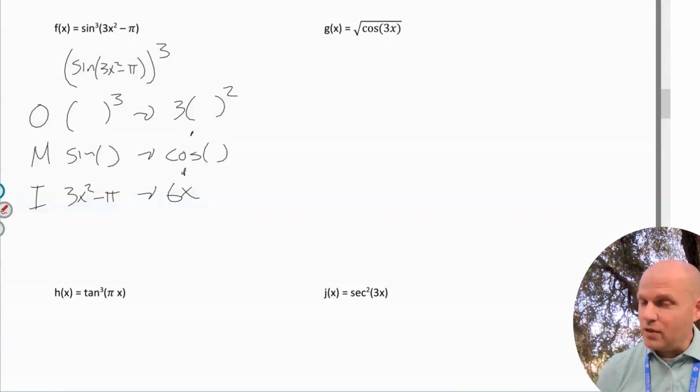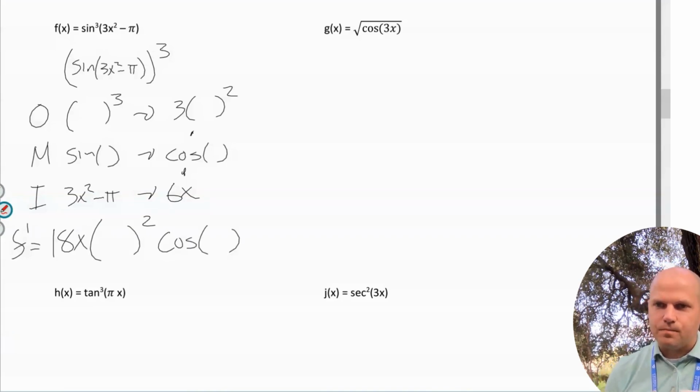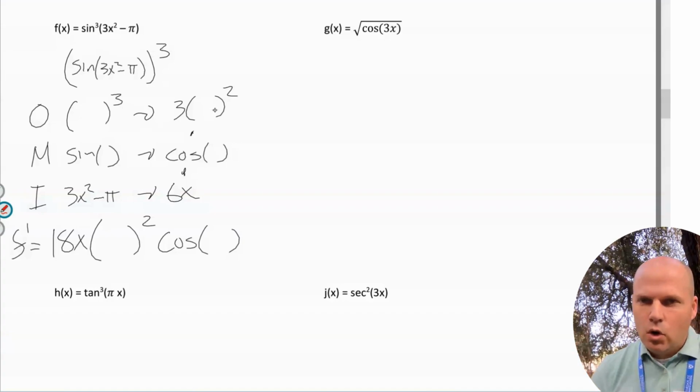Then you can multiply things in any order, but let's be careful about the last step. So I'm going to put the 6x and the 3 together to give us 18x. I'm going to put the first set of parentheses squared, and I'm going to put the second set of parentheses. Okay. What goes inside the square? Well, whatever started in this parentheses cubed goes inside this parentheses squared.